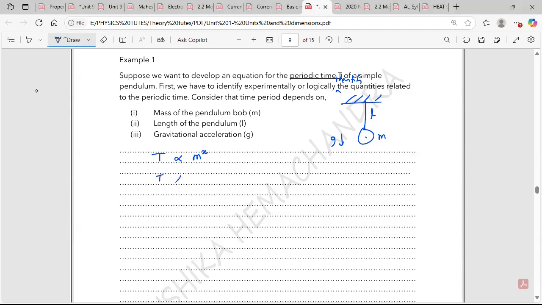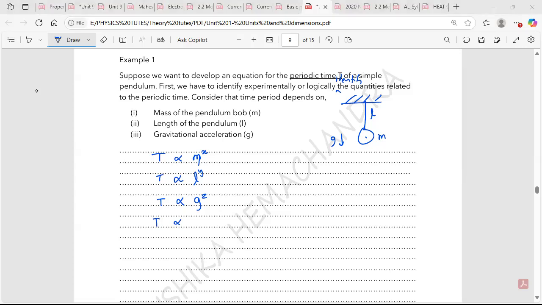And we can write again T proportional to the length of the pendulum. But for length, it's not the same power, we don't know whether it's the same or not. So it's L to the power y. And T proportional to gravitational acceleration, that is g to the power another power, that's z. So if it is separately proportional to these three values, we can take their multiplication.